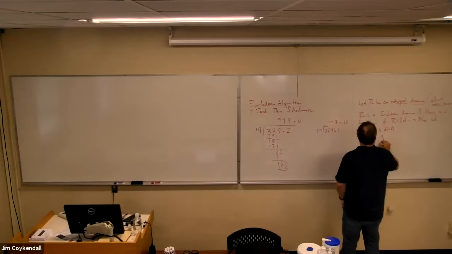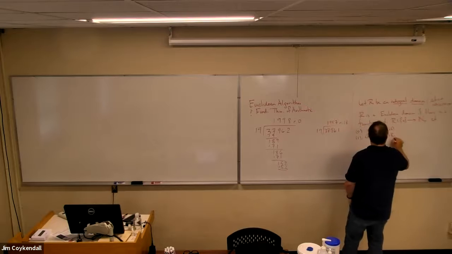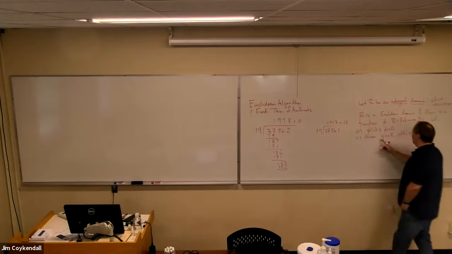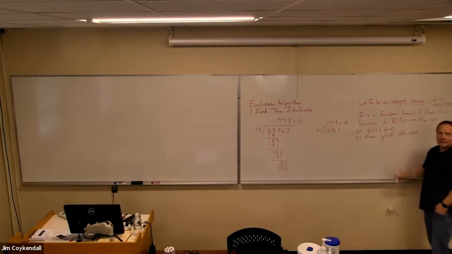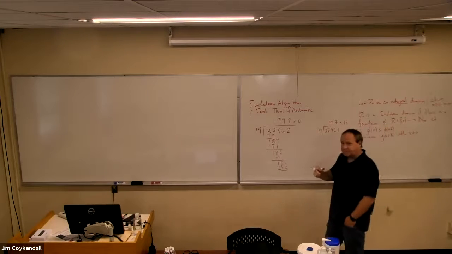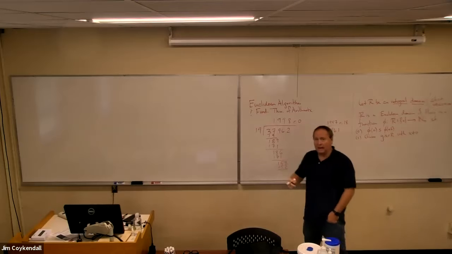Now, here's the big one. Given y and x in R with x not zero. So if I take two elements of the structure, two integers, and x is not zero, I can divide x into y and get a remainder.